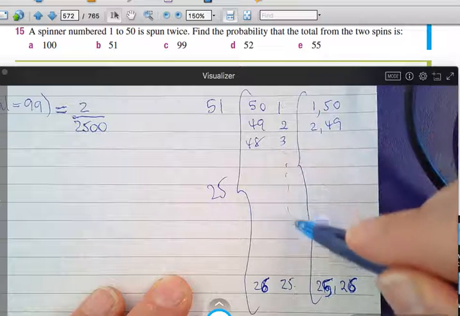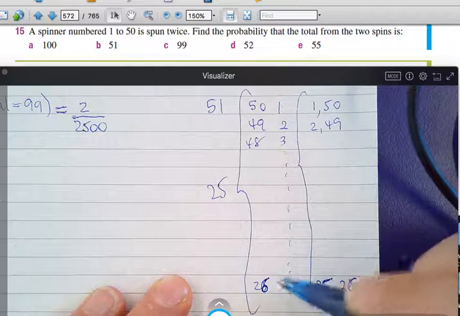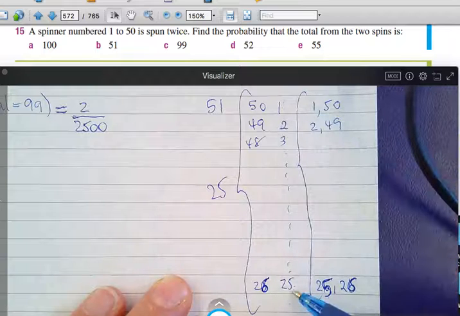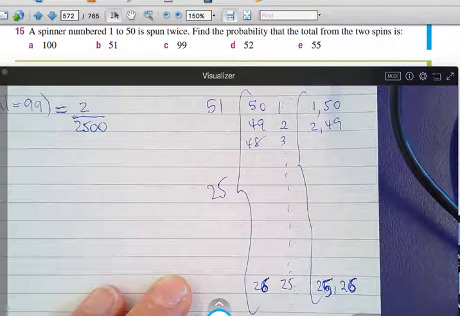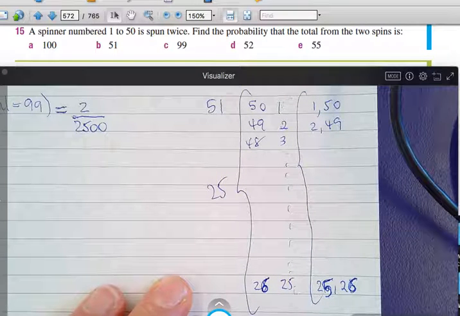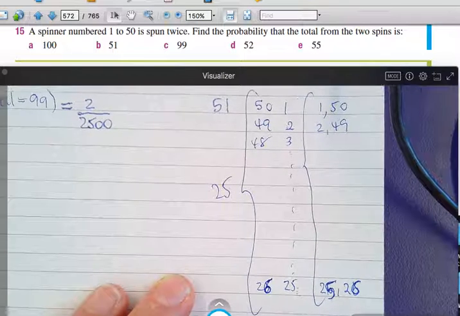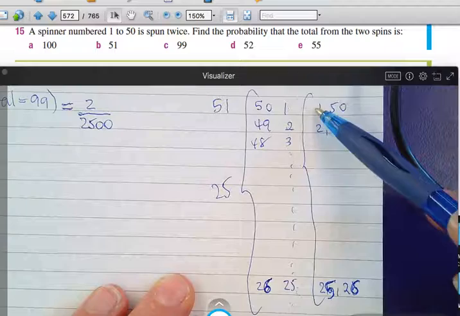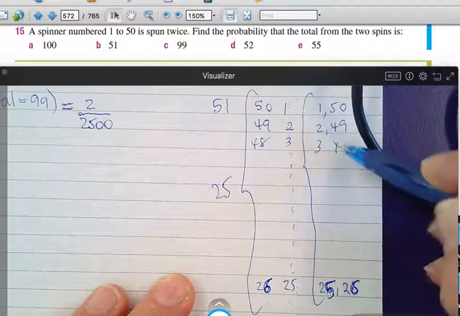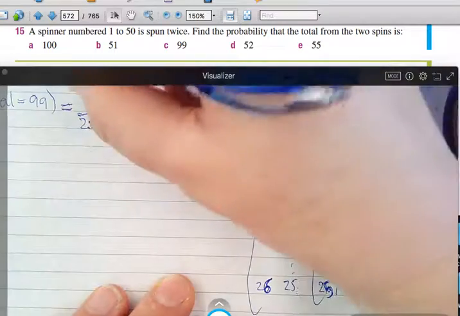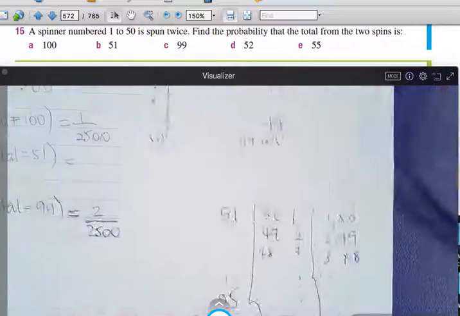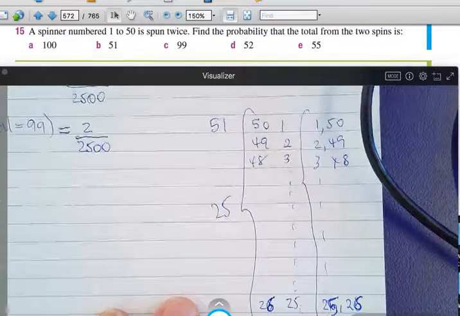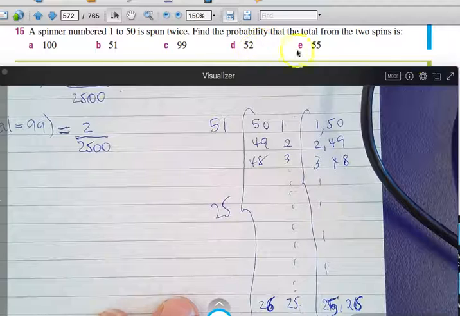You don't have to write them out. You'd stop at a 25 with a 26. Looking at this one going from 1 to 25, that's 25 numbers. Count on your fingers from 1 to 25. You do it this way as well: 1 to 25 is also 25 numbers. So you've got 25 and 25. That's 50 out of 2,500. Now you could do the same with a sum of 52 and 55.